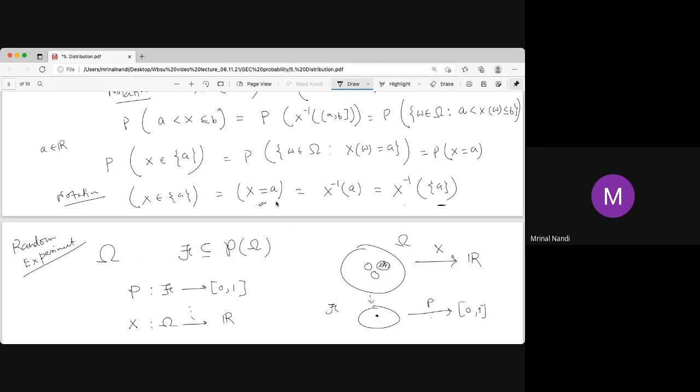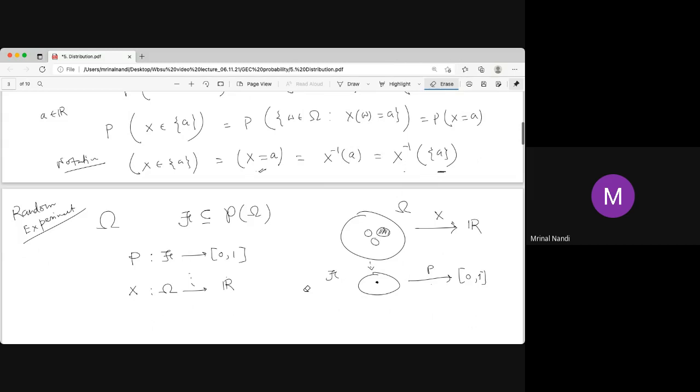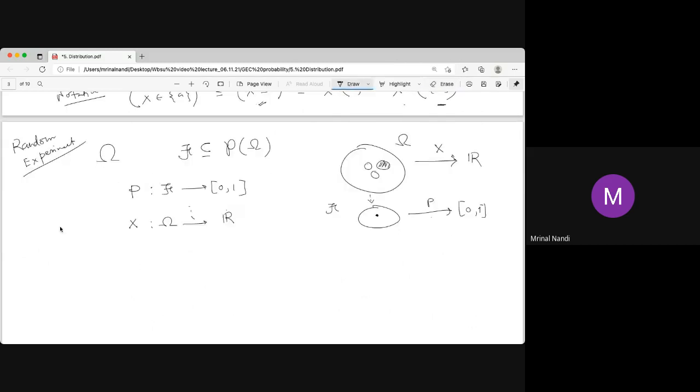So this is the important part. This is called a probability space: omega, script F, and P. This triplet is the important part. For every random experiment, we generate this triplet.